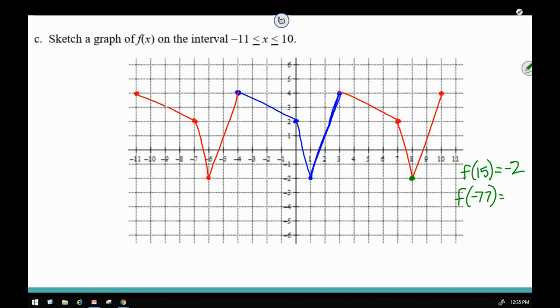Yep, so 11 cycles backwards would be -77. But that would be 11 cycles from where? Not 7. Wouldn't it be from 0? Because you're going in cycles of 7, so you have 0, and then -7, and -14, all the way back to -77. Your x value is 0. So what's your y value? 2.